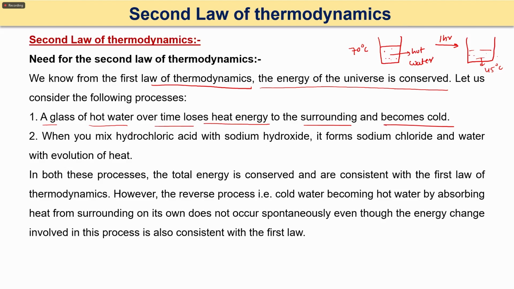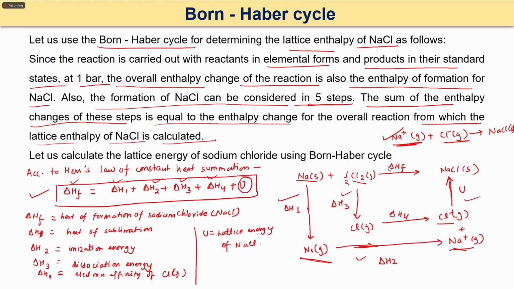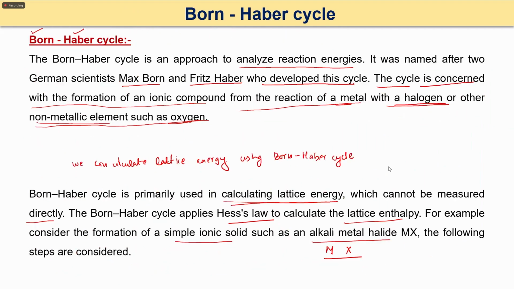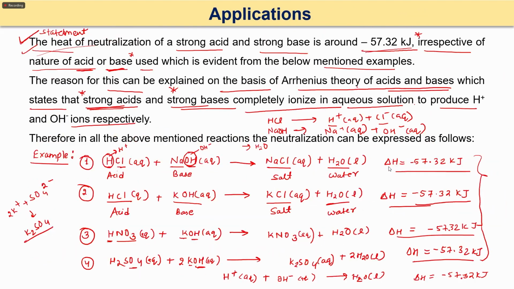Now let us see another example. When you mix hydrochloric acid with sodium hydroxide, it becomes sodium chloride and water. We have studied this: HCl plus sodium hydroxide react together to form sodium chloride and water. This reaction was exothermic, and you must remember by now its value: minus 57.32 kilojoule.